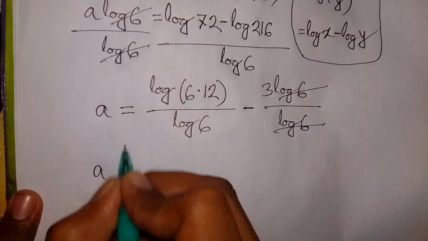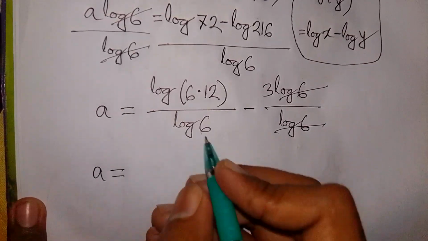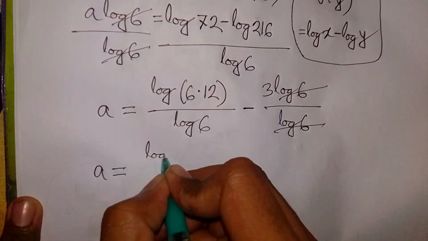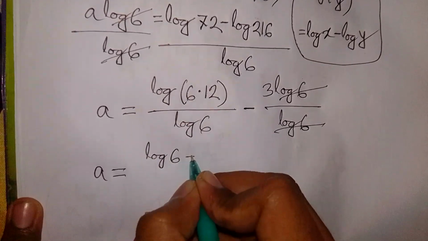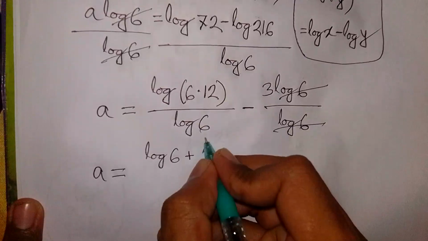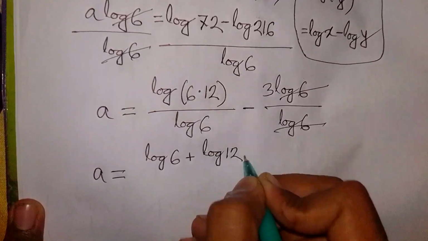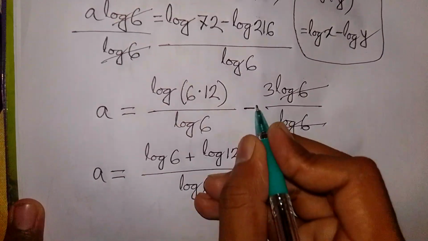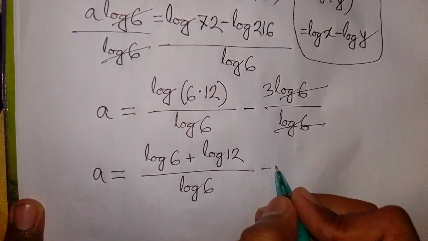Here a will be equal to log of 6 times 12, which is the same as log 6 plus log 12, over log 6. Then subtract 3.